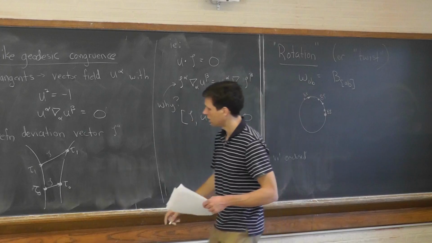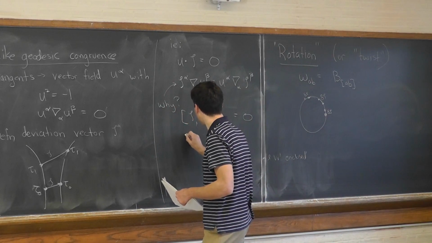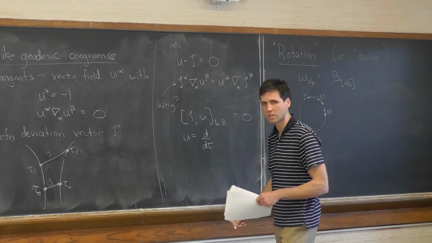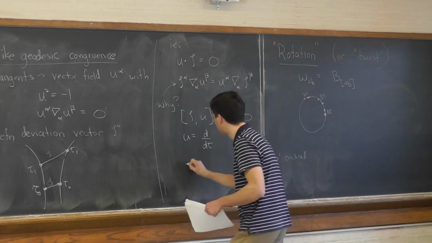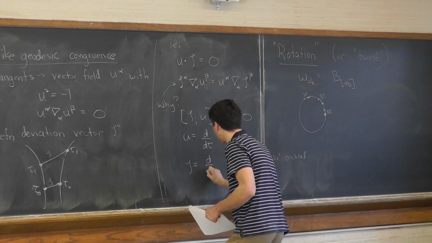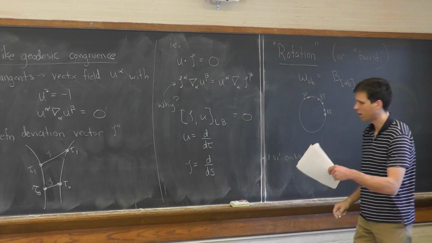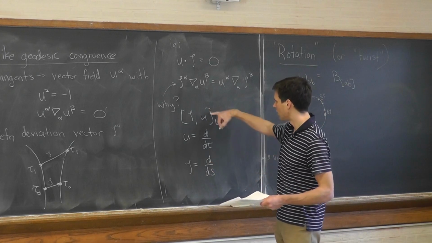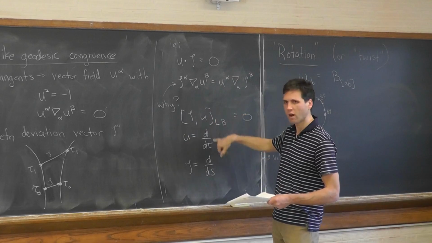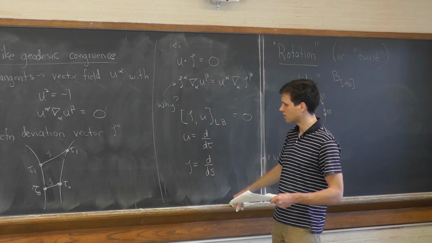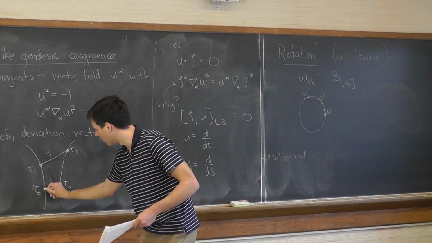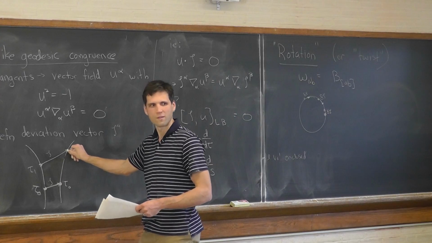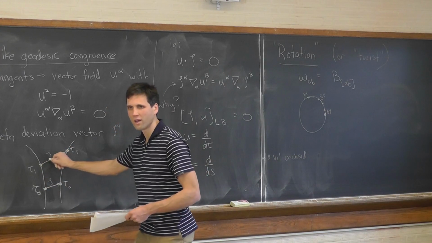In other words, u is the derivative operator d/dτ along these world lines, and if you define a parameter s so that ζ is the derivative operator d/ds, then the statement that these two derivative operators commute is the statement that if you go Δs in this direction and then Δτ in that direction, that's the same as going Δτ and then Δs.